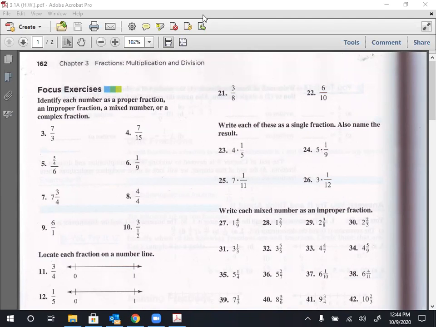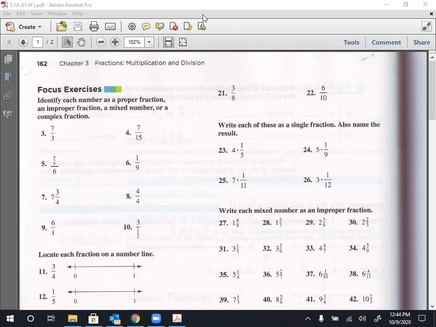For example, number 3 says 7/3. 7/3 is improper because 7 is bigger than 3. Okay?